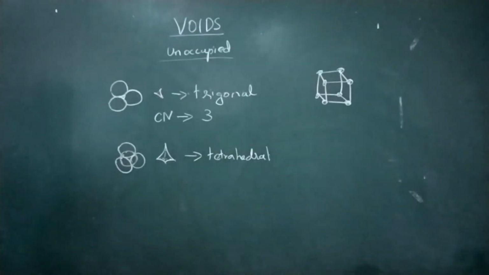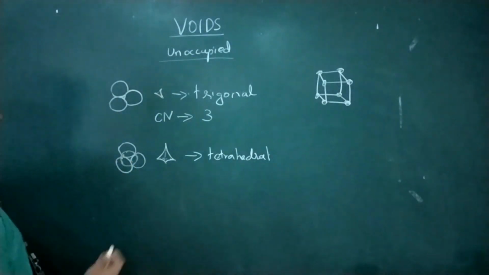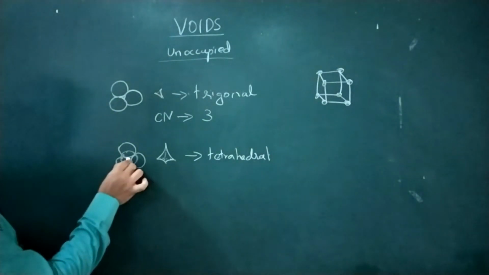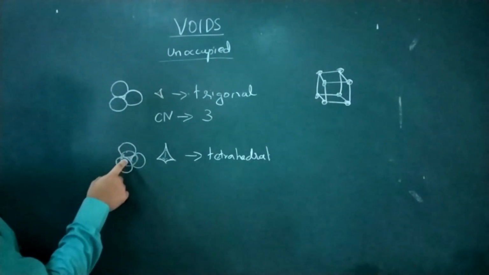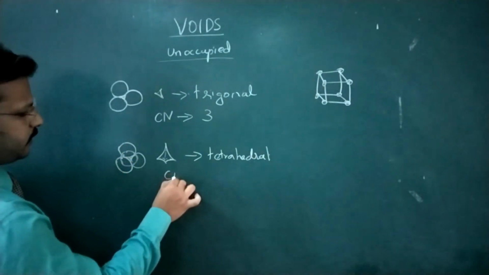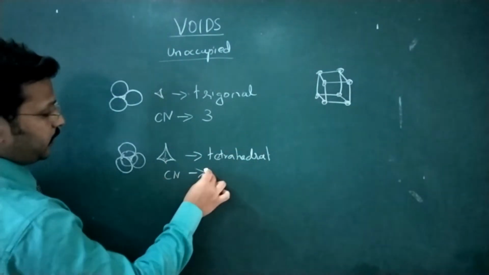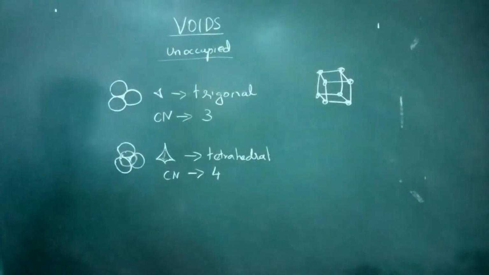If in three-dimensional space I place this particular point, it will be coordinated with the 1st, 2nd, 3rd and 4th atom. So the coordination number of a tetrahedral void is 4.